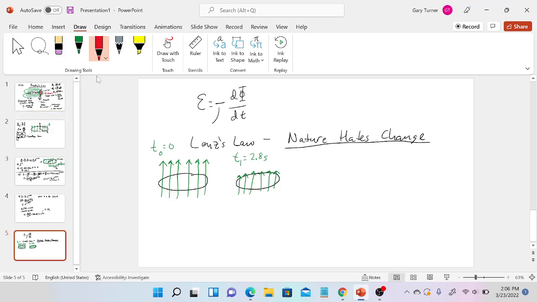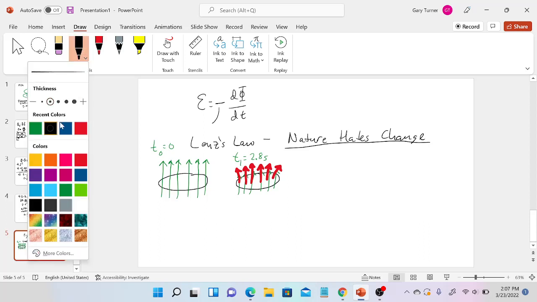What Lenz's law says is that nature hates change, so the induced magnetic field inside the wire is going to try and counteract that loss. So it's going to try and produce its own magnetic field to make up for that loss. It won't be able to do it completely, but it tries.